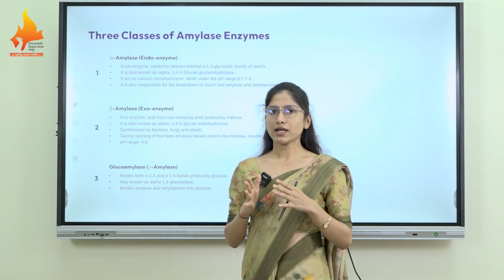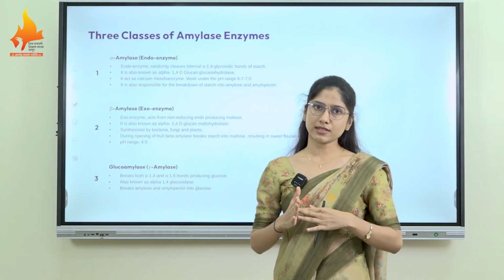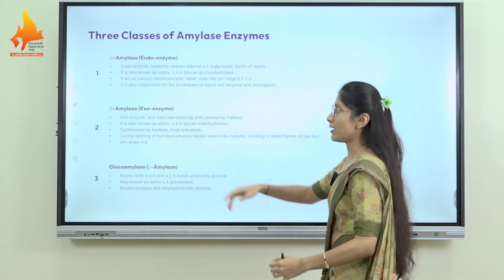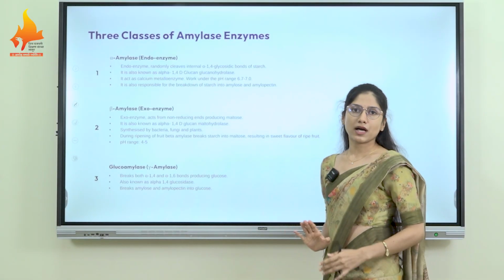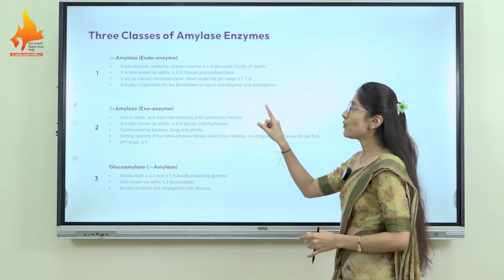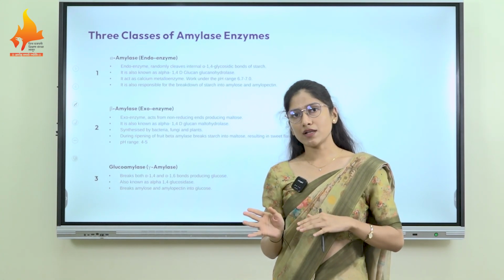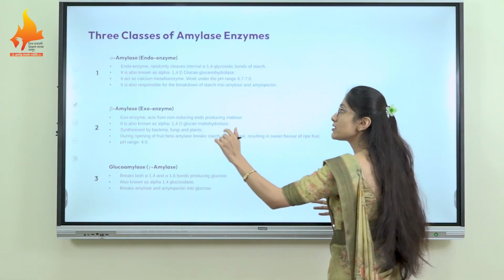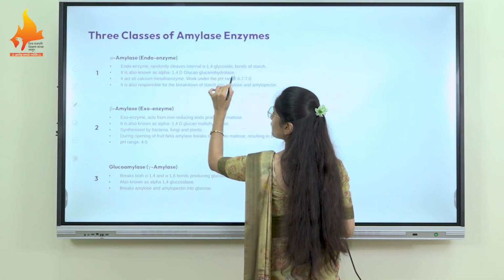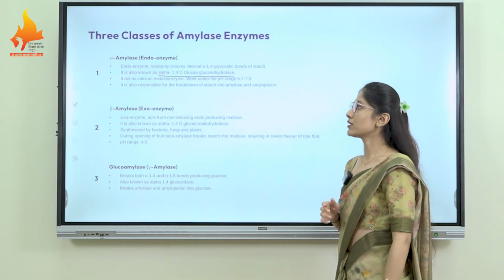This enzyme functions or is secreted inside the cell, that's why it is called an endoenzyme. This alpha amylase is responsible for cleaving or breaking the internal alpha-1,4 glycosidic linkage. It is also known as alpha-1,4 D-glucan glucanohydrolase.